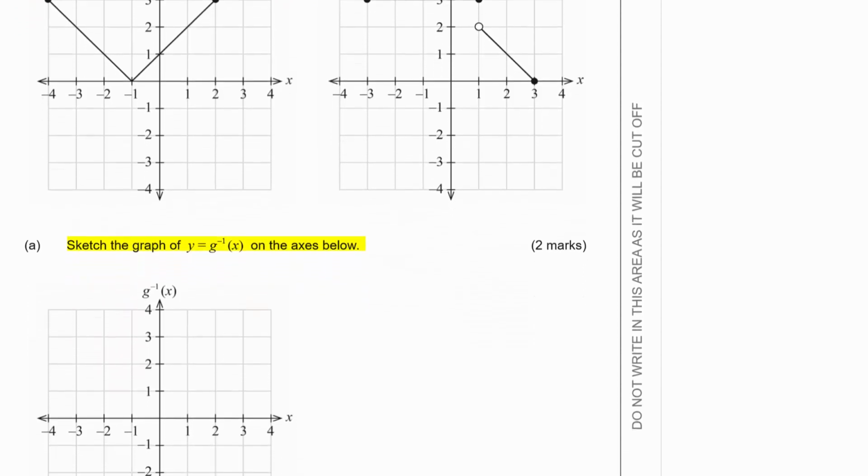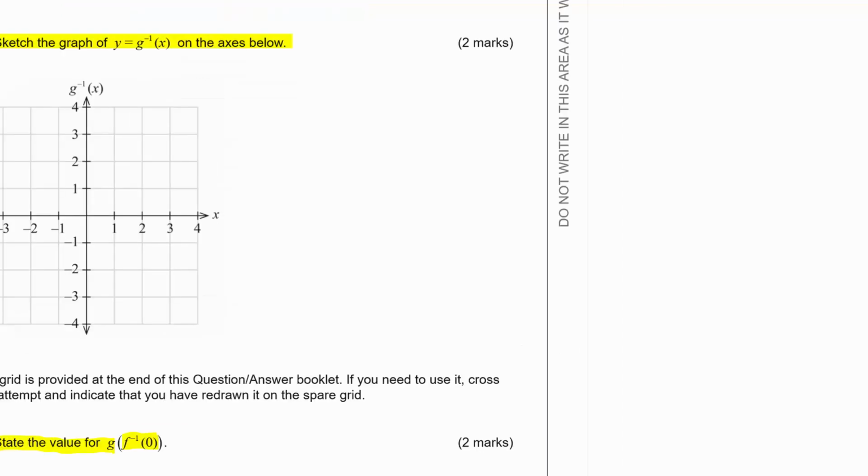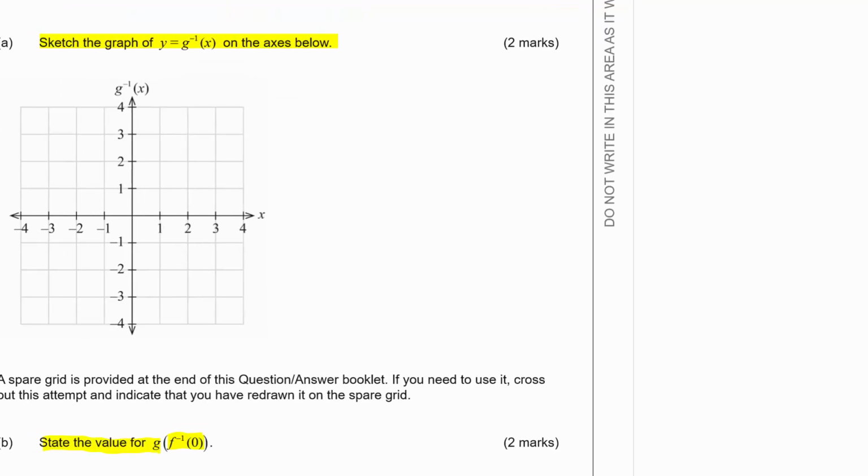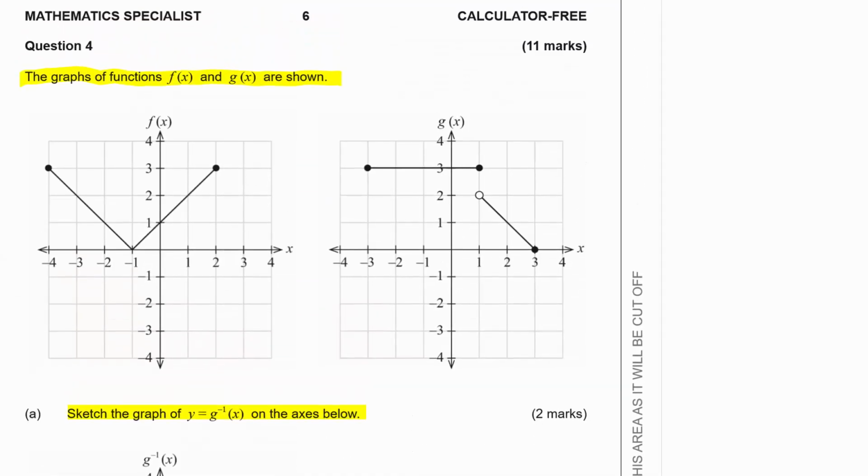So we want to state the value of g of the inverse function of f of 0. So let's go back to the graph. So what would the inverse of this one look like? So here's y equals x.